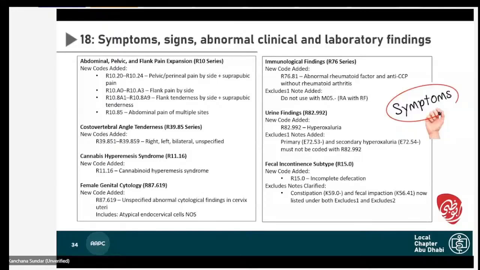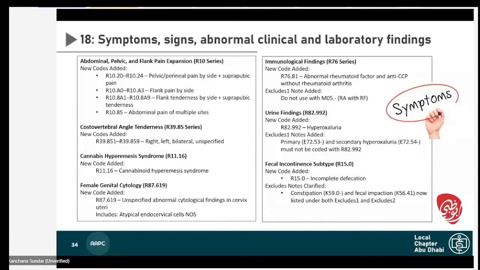And one interesting code which has been added, which was not there before, is costovertebral angle tenderness. We generally see this documented whenever a patient is admitted, to specify the site very clearly. Now we do have codes to describe it. And the next one is cannabis hyperemesis syndrome, which is also a wonderful inclusion.